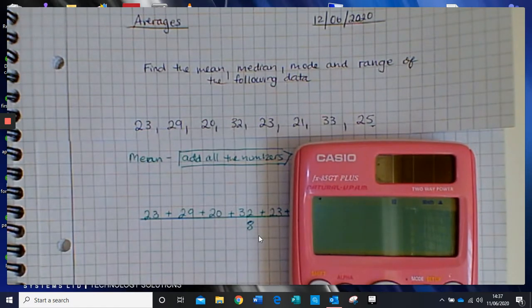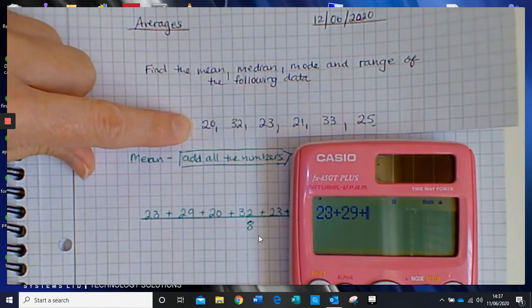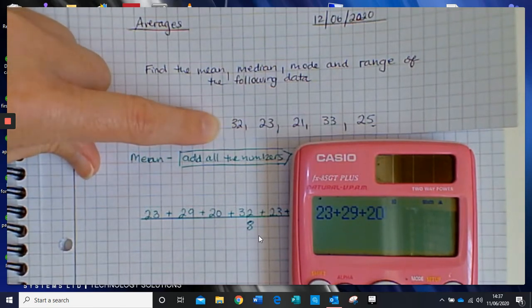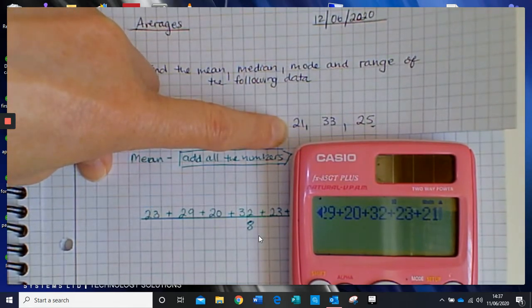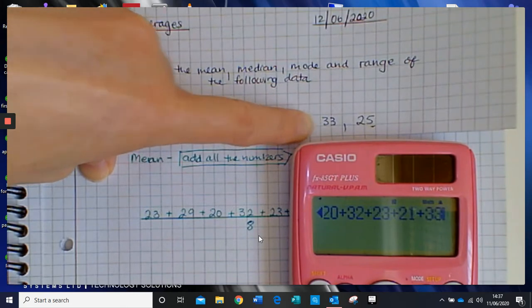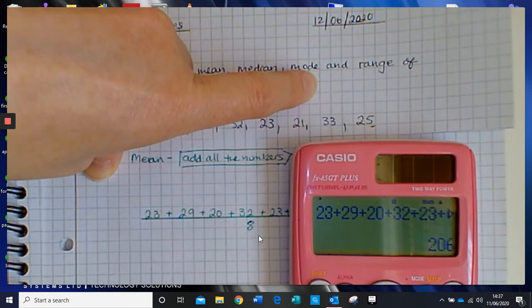So let's have a look. So I'm going to have 23 add 29 add, I'm going to put my hand there just to make sure that I do not count one twice, 20 add 32 add 23 add 21 add 33 add 25 equals 206.